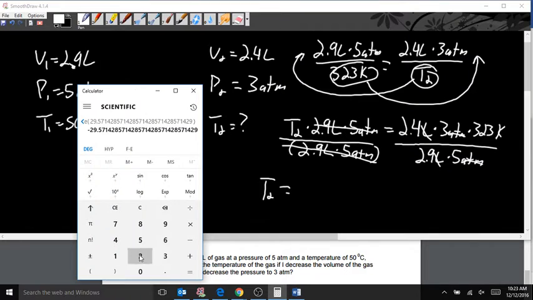2.4 times 3 times 323 divided by 2.9 divided by 5. Oh, can I backspace?